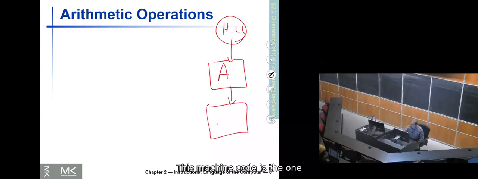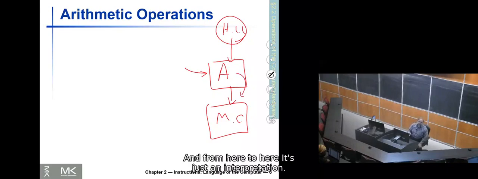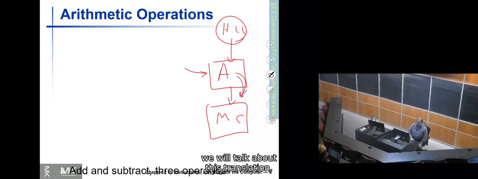And this machine code is the one which will be executed by the processor. Okay? Now I am showing you some of the assembly code that will be translated to that. And from here to here, it's just an interpretation. It's almost the same, but just interpretation. In our course, we will talk about this translation.